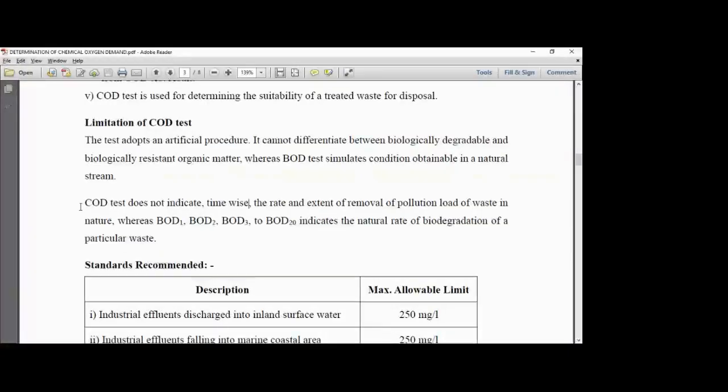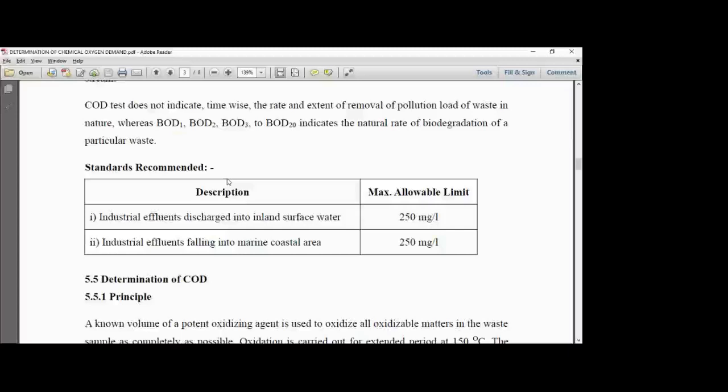That we cannot do in COD, where we directly get the final value of the oxygen required. So these are the limitations of the COD test.